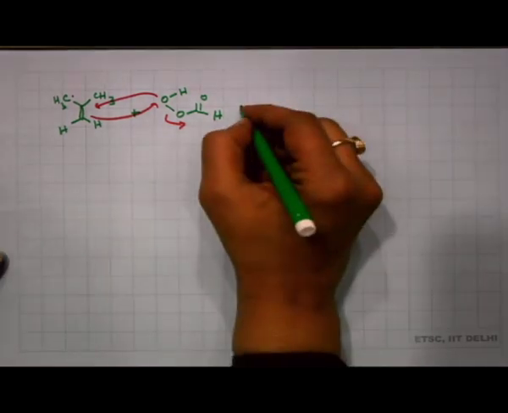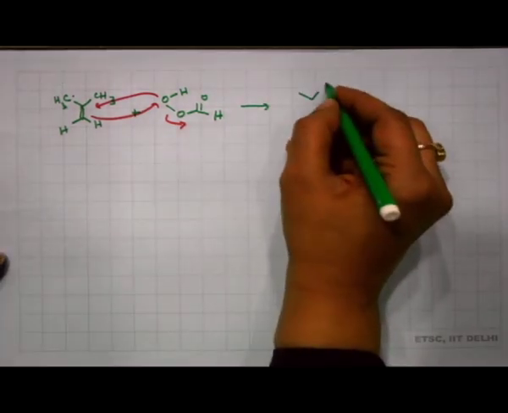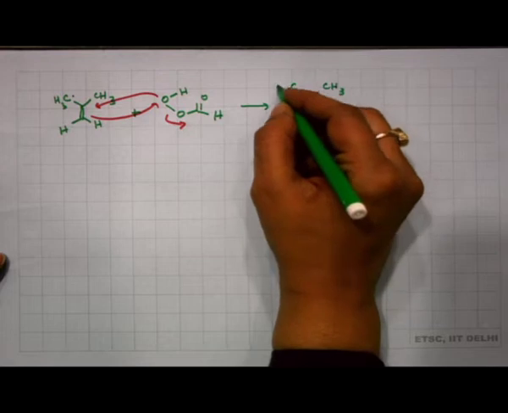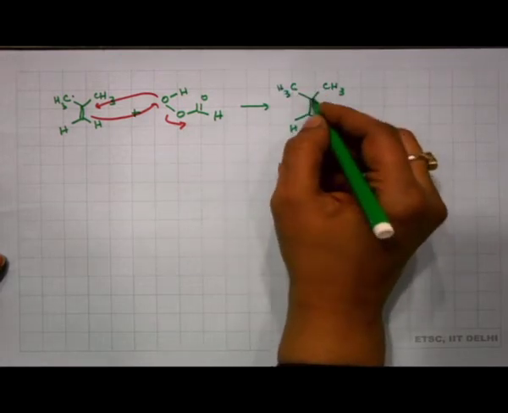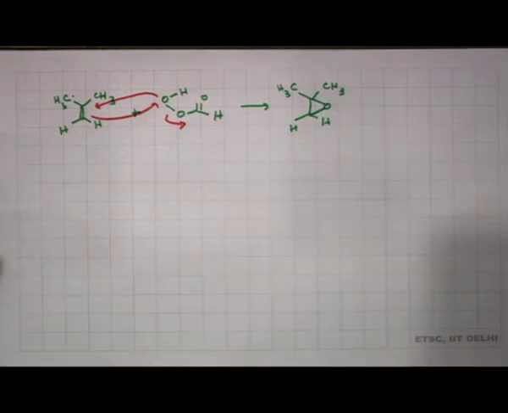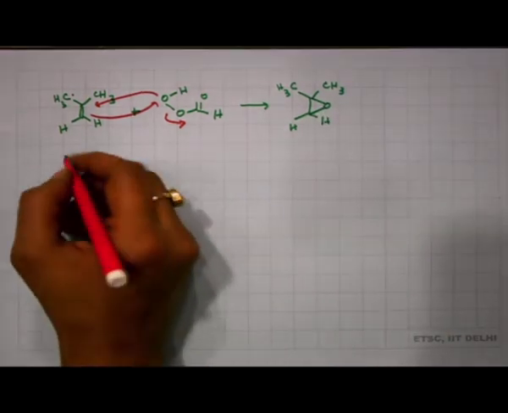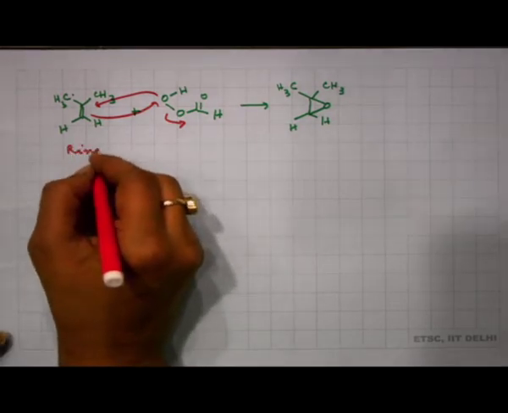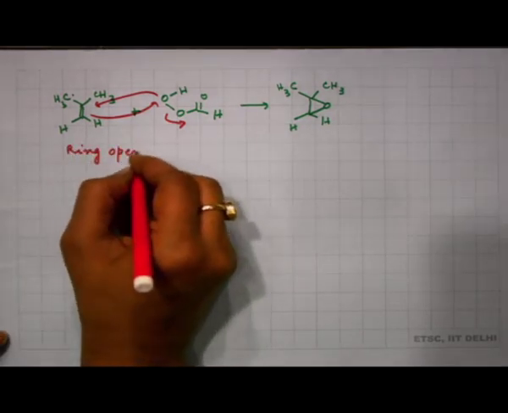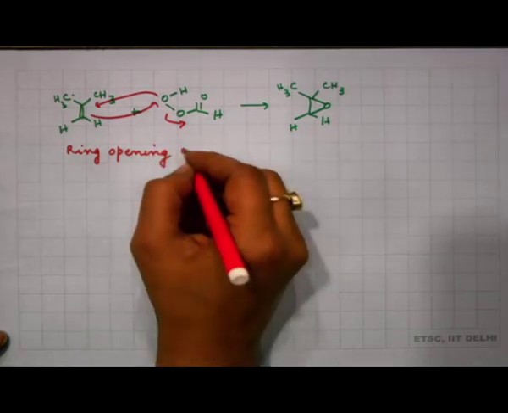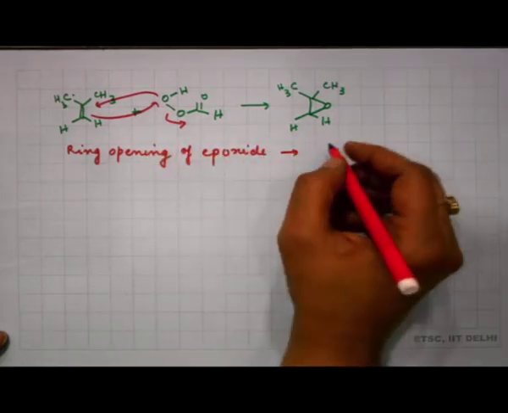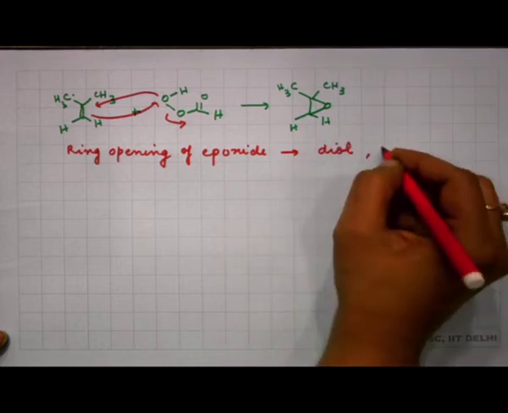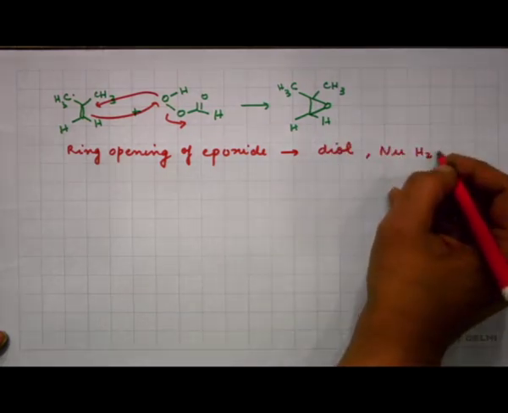So, you get the corresponding epoxide through this pathway, which is a cis addition pathway. The next step is the ring opening of the epoxide to give you the corresponding diol, if your nucleophile happens to be a water molecule.